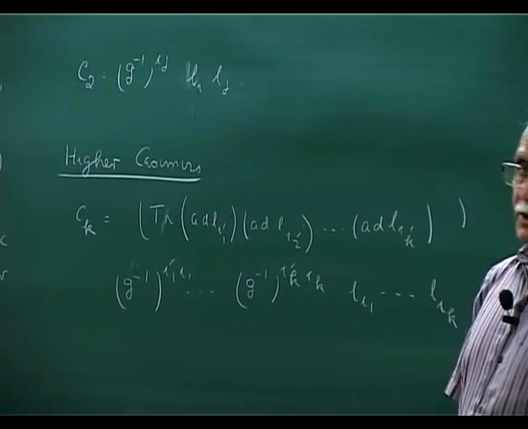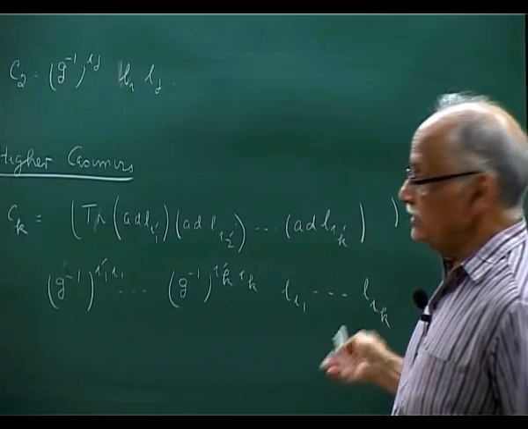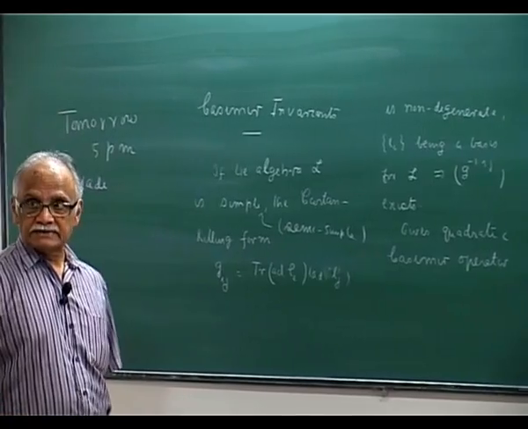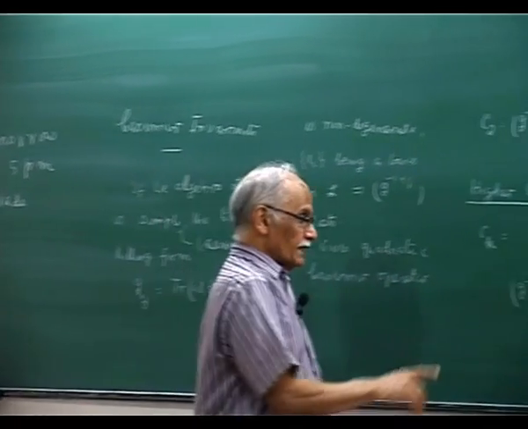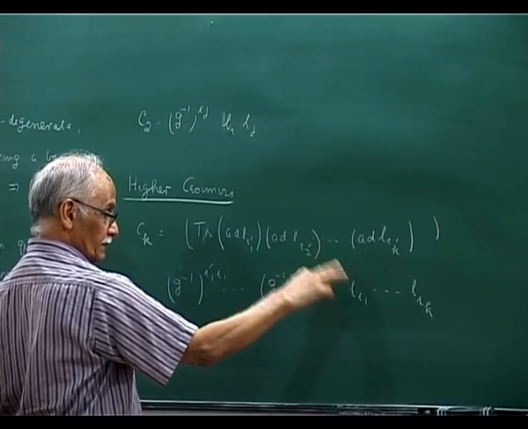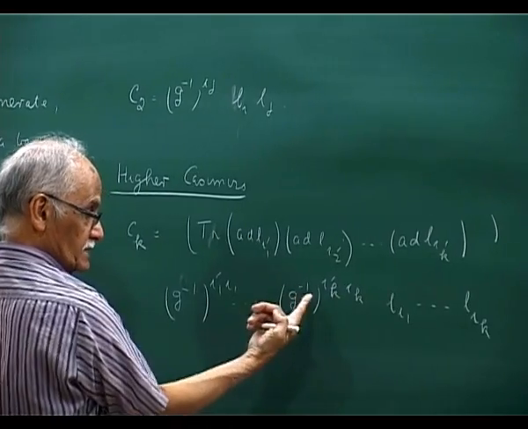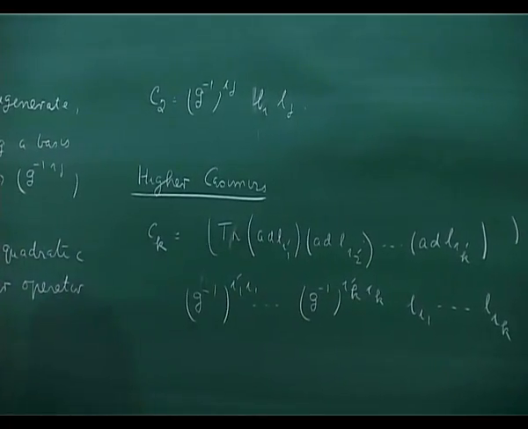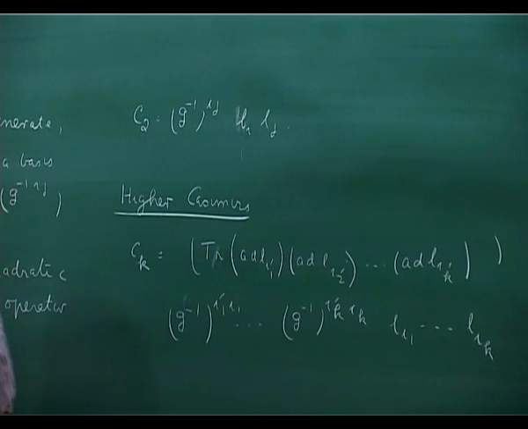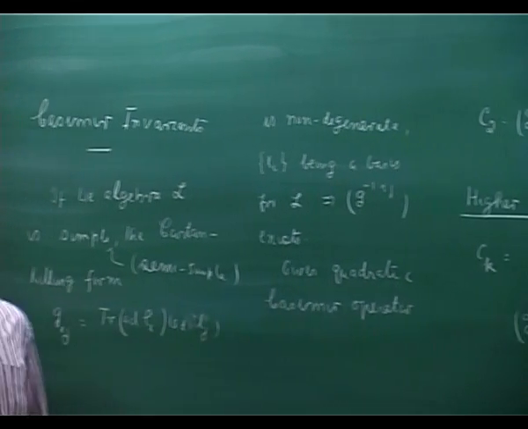This commutes with all the elements of the Lie algebra for the same reason that this commutes with all elements of the Lie algebra: when I do a conjugation with an element of the group, it rotates this, but g inverse lets you transfer the rotation to the primed indices, so it will go here, but that will be a conjugation at the two ends, so the trace will remove it.